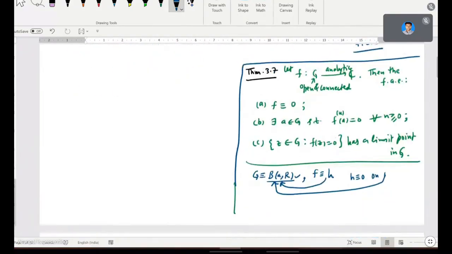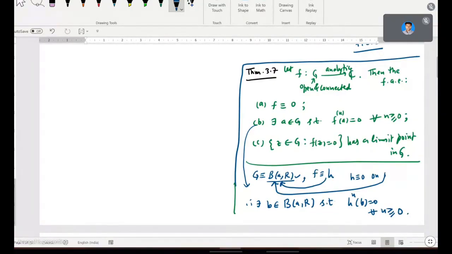So if you set the analogy, then for h, what do we have? It means there exists some b in this ball such that the nth derivative of h at b is 0 for all n greater than or equal to 0. Is this okay, class?